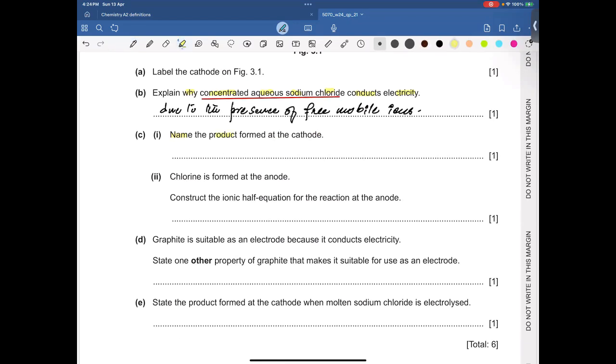Next is, name the product formed at the cathode. Obviously, hydrogen gas. Chlorine is formed at the anode. Construct the ionic half equation for the reaction at the anode. That's an easy task. We have done this case in the class also.